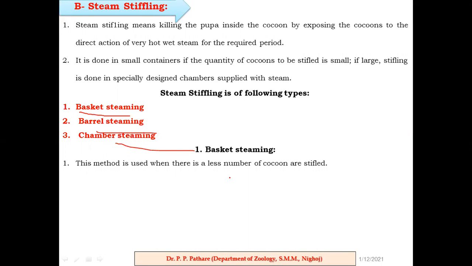For example, a small farmer can produce only 50 kg to 100 kg of cocoon. At that time they do not use the advanced methods for cocoon drying.